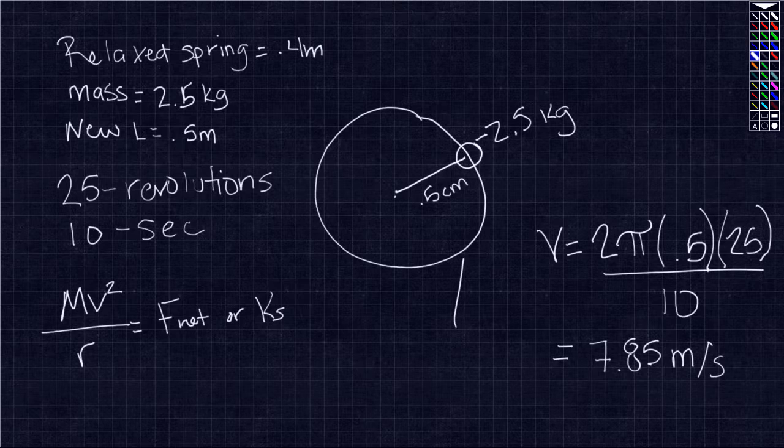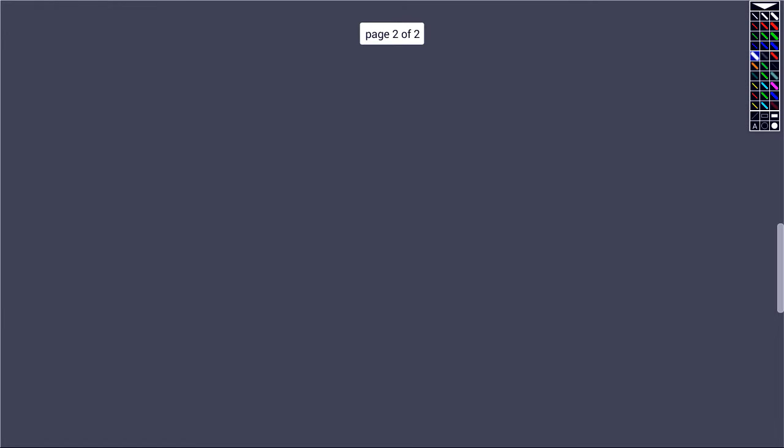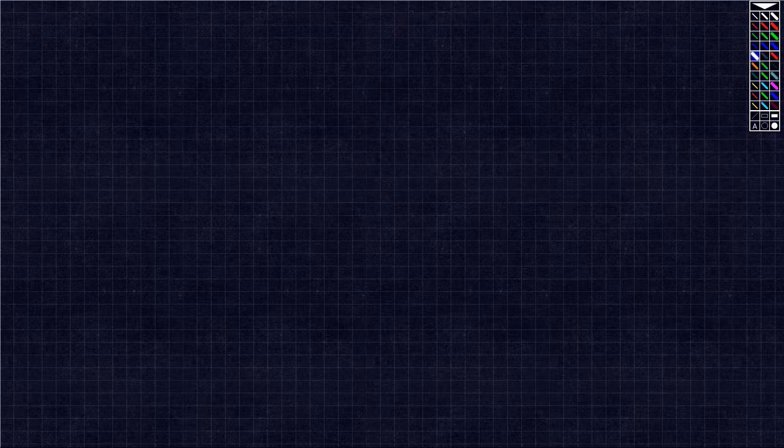With that, now we go back to our formula. mv squared over r equals Ks.